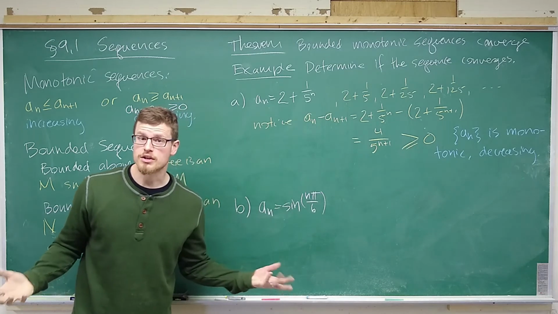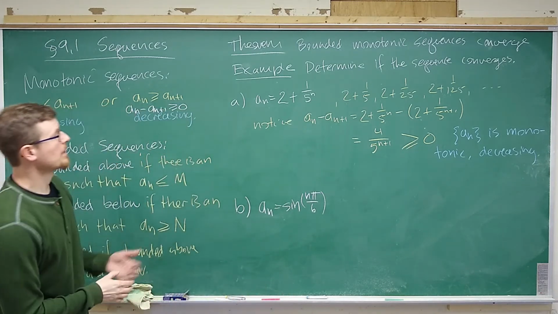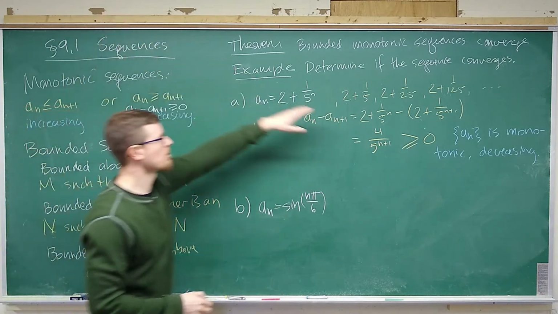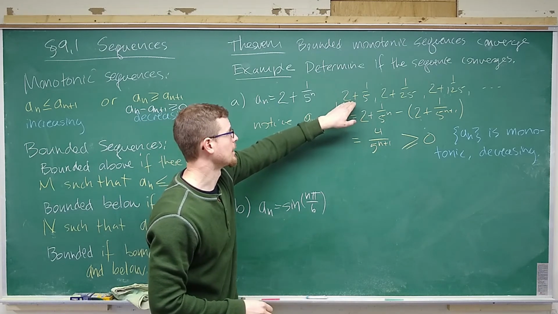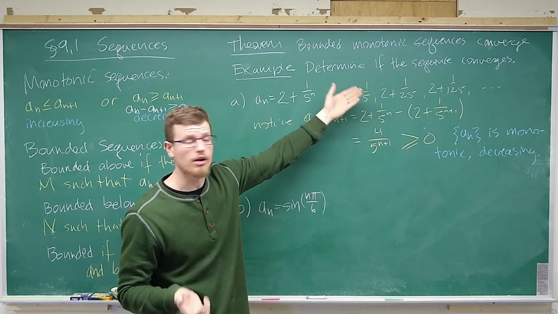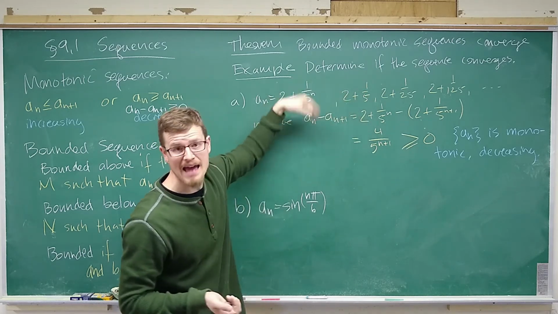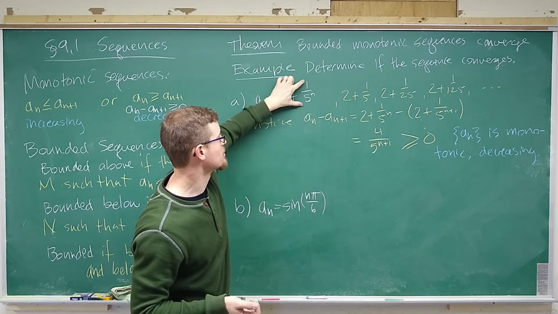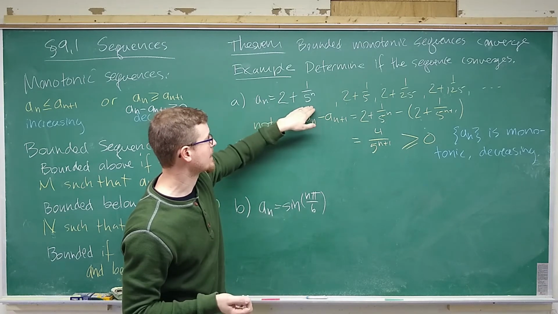Excellent. So is the sequence also bounded? Well, yeah. So we know that we're never going above 2.2 here. But we also know that we're never going below 2 because I'm always adding something to 2, right? This is never going to be a negative number, so I'm always adding something.